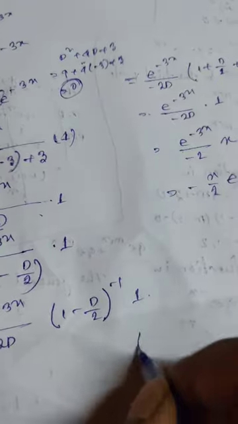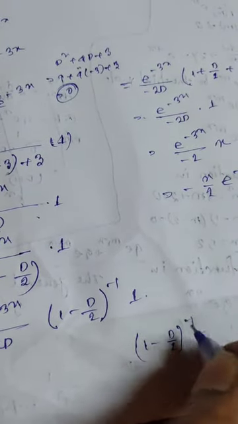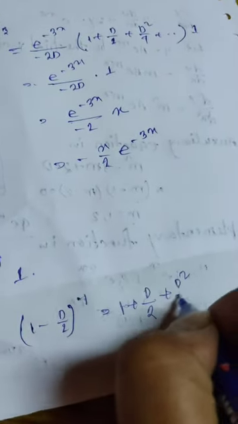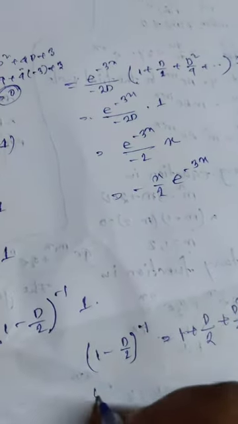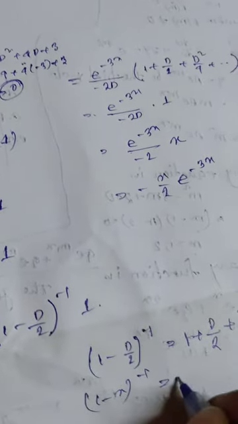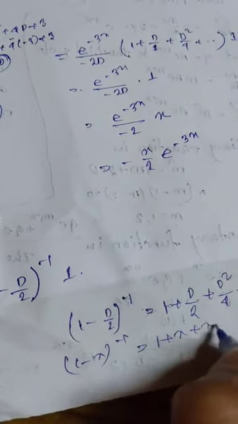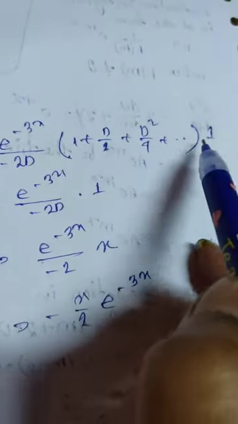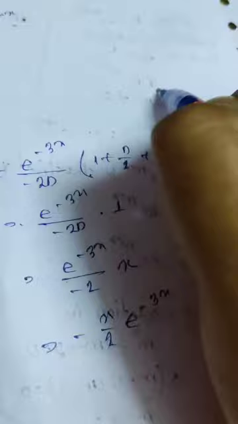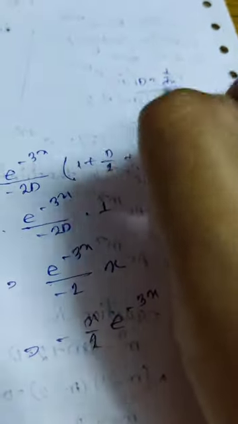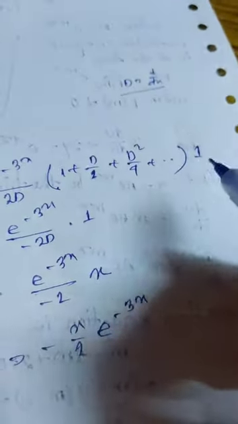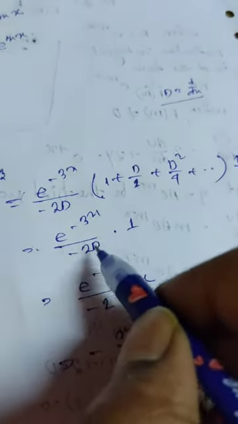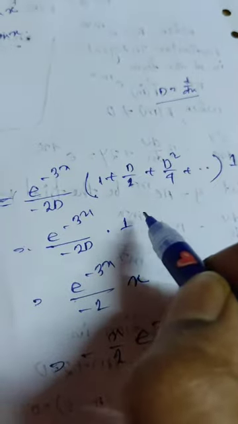Now (1 minus D by 2) whole inverse, we can expand like 1 plus D by 2 plus D square by 4 and so on, like (1 minus x) whole inverse is equal to 1 plus x plus x square and so on. We expand it along this of 1, and see here D stands for d/dx. So d/dx of 1 is 0, d2/dx2 is also 0. So here we only get 1, e to the power minus 3x by minus 2D of 1.